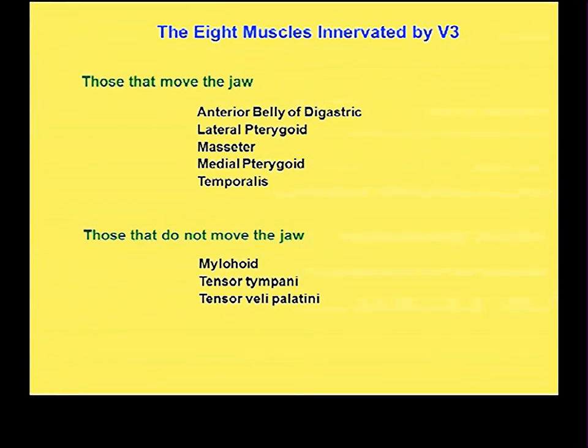The muscles innervated by V3 are all referred to as muscles of mastication, muscles of chewing. But in fact, 3 of them don't move the jaw at all. One of them is involved in mastication, I'll tell you about that in a second, but 2 of them aren't even involved in chewing or anything to do with the jaw, really. Now, let's cover the 3 that do not move the jaw first: mylohyoid, tensor tympani, and tensor veli palatini.